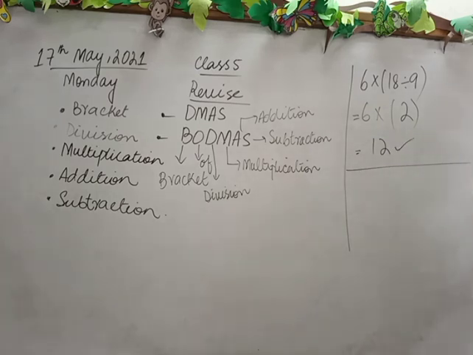Now, I have another one. So this is all, class. Okay, now I am going to revise. I have 6 multiplied by bracket 18 divided by 9. First of all, we will follow BODMAS rule because there are two operations used, multiplication and division, and a bracket is also involved.